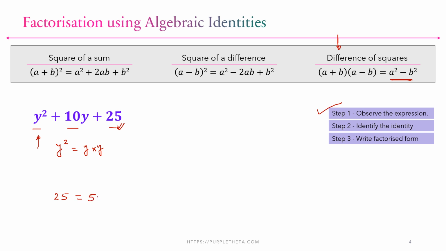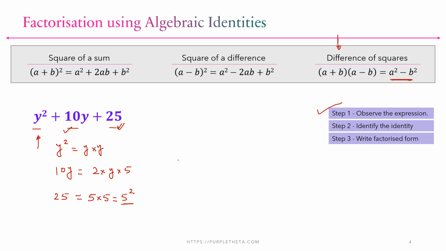So 5 multiplied by 5 is 25, or 5 to the power 2 is 25. And the middle term, that is 10y, is twice the product of y and 5. So 2 multiplied by y multiplied by 5 is 10y, right?